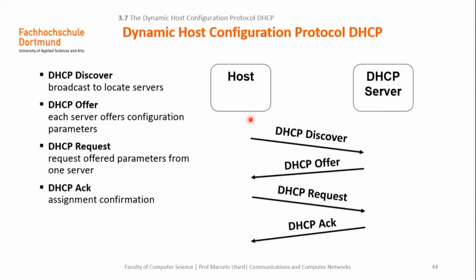If the host receives more than one offer, it could choose one of those offers, and in that case, the host sends a DHCP request to the chosen server, requesting the offered parameters. Finally, the DHCP server answers or confirms the assignment with the DHCP acknowledge.